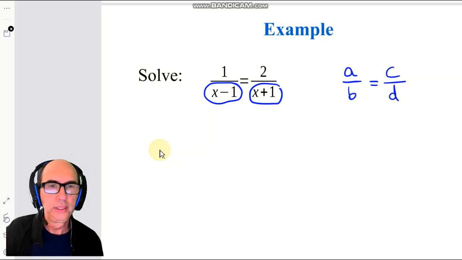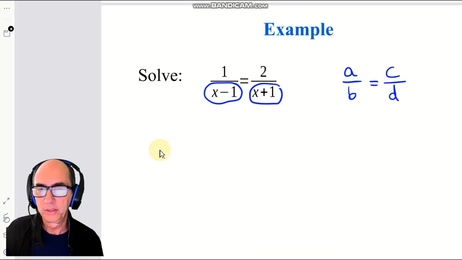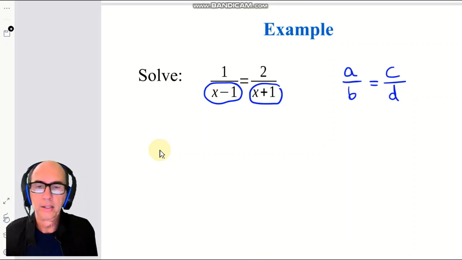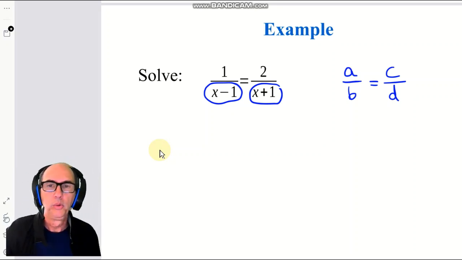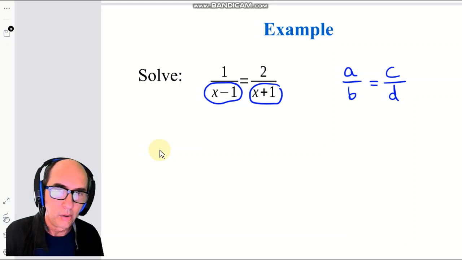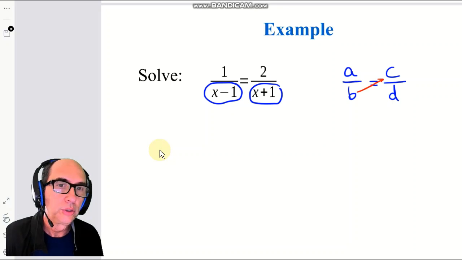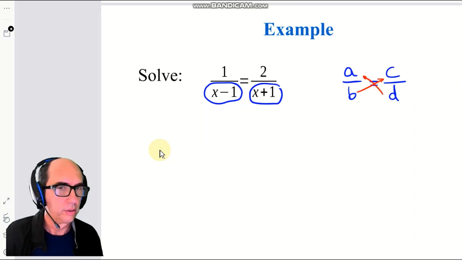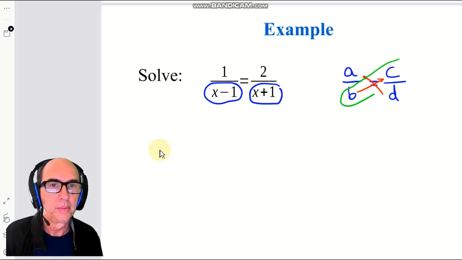We can use another method. We can use the method of finding the least common denominator, what we've been using, multiplying all the terms. But if it's a proportion, only one fraction equal to only another fraction, we can use cross products, or some like to remember it as the butterfly, right?